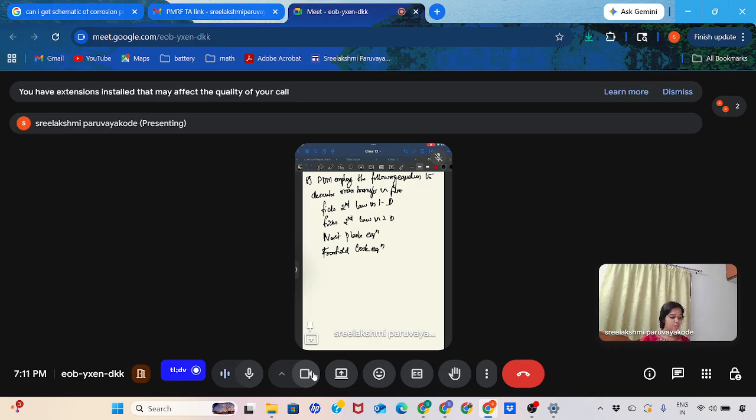So PDM is employing which of the equations to describe the mass transfer? You have Fick's second law, both in 1D and 2D, then the Nernst Planck equation and the Fromhold equation. So Fick's laws correspond to diffusion. Nernst Planck has diffusion, convection, and electroneutrality, basically the migration. So the answer is Nernst Planck.